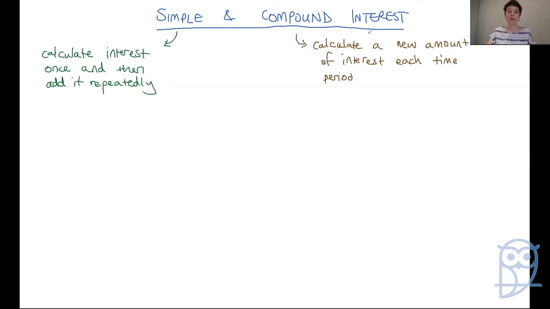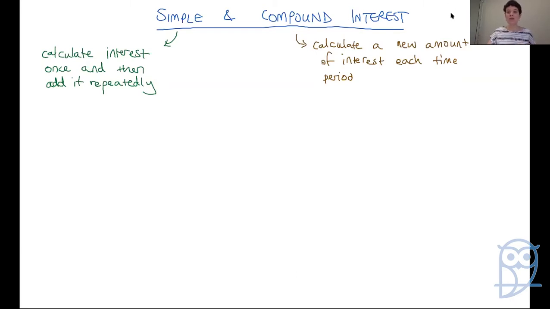So we will calculate for the first time period, add it on. Then we will recalculate for the second time period, add it on. Recalculate it for the third time period and add it on. So often those time periods at IGCSE Maths are years, but they could be months, they could be weeks. It doesn't matter as long as the units are the same.